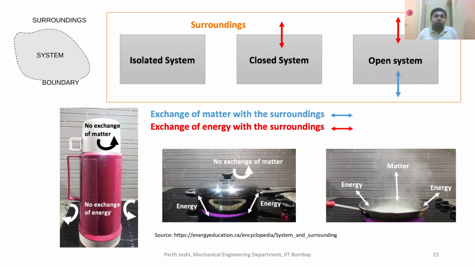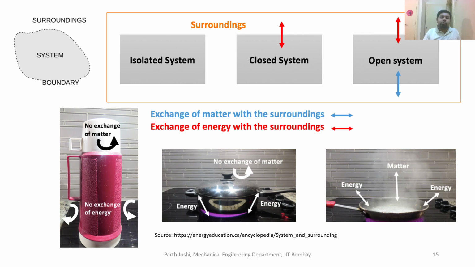In thermodynamics we have a similar analogy. We consider the universe in two parts: the system, and whatever is outside the system is the surroundings, and what defines the separation between them is the boundary. It's very similar to the concept covered in this course, so we can apply that same analogy to understand what they actually mean.